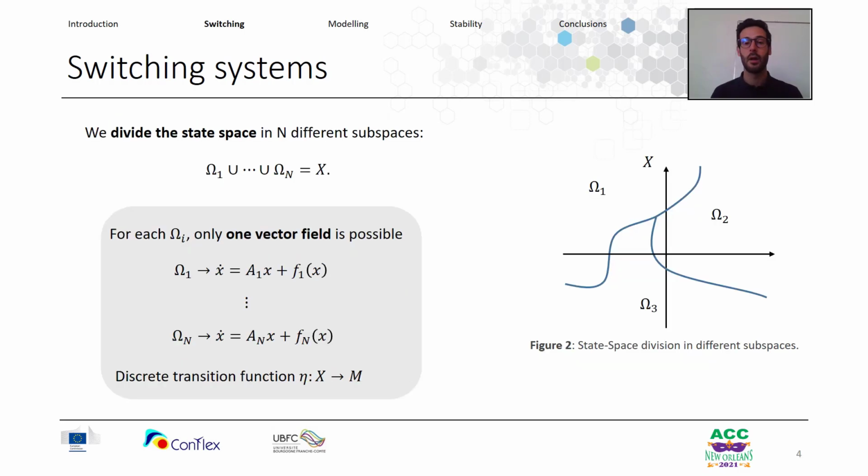of time. First of all, we divide the state space in n different subspaces, such that the union of all the different subspaces gives us the complete state space.